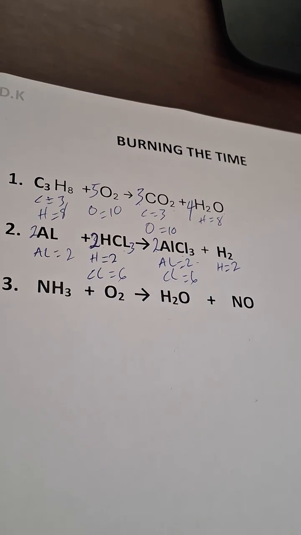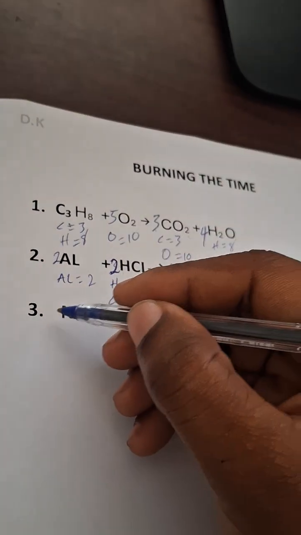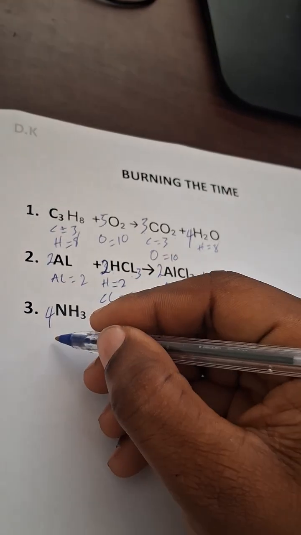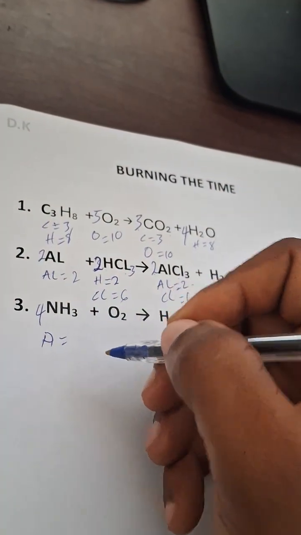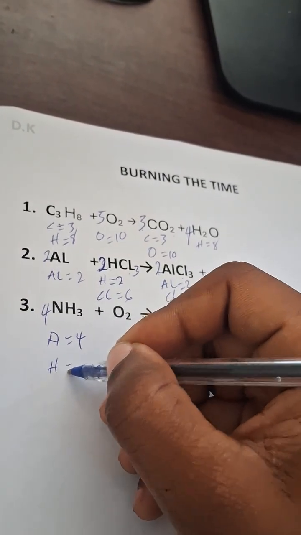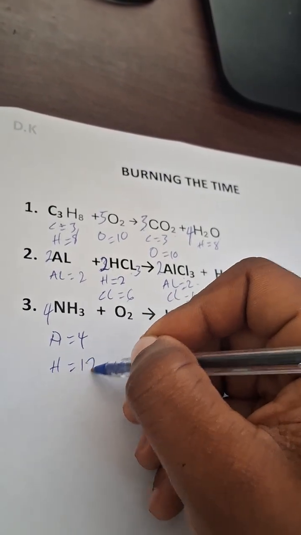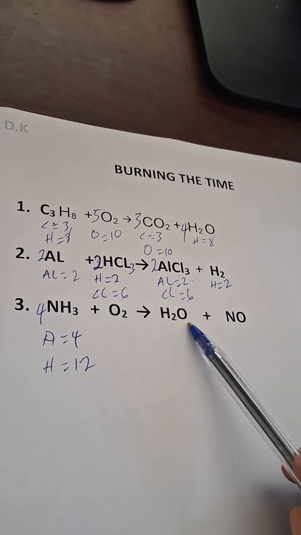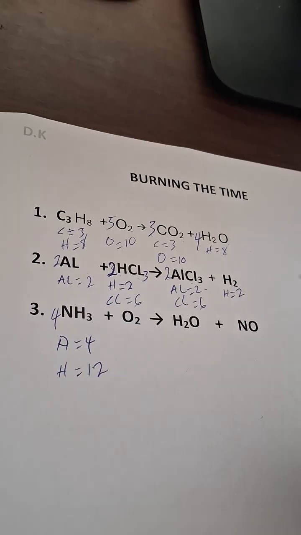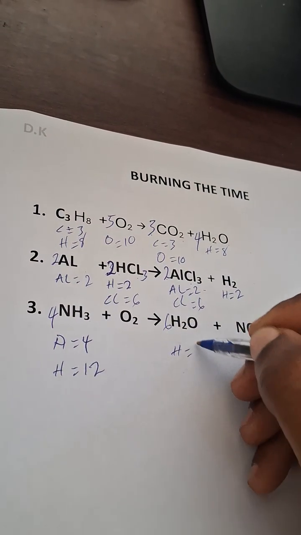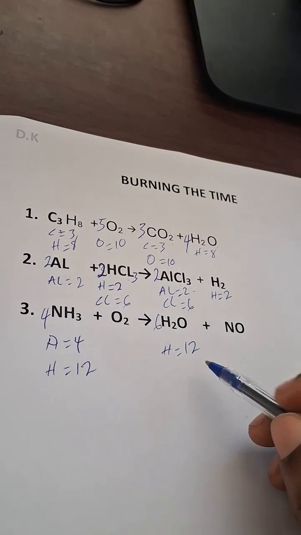To balance it, let's put 4 over here. So when we put 4 over here, we end up having the nitrogen to be 4. Then we end up having the hydrogen to be 12. So that means we have to make the hydrogens on the right hand side to also be 12. So let's put 6 here. So we end up having our hydrogen to be 12 over here.